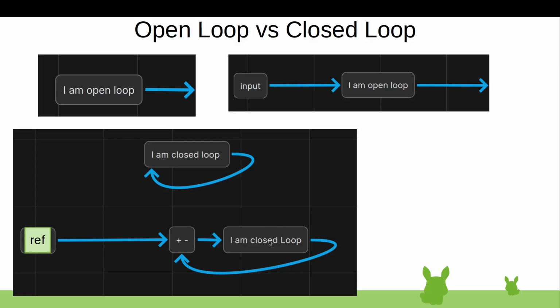They don't directly take the output, but also generate an error signal relative to our reference, our idealized place of where our system would be. So we take the output, compare it to where we want it to be, generate an error signal, and it goes into our system. Usually we would put a controller here, process the error, and then it goes into our system. But it's considered a closed loop system, closed loop control. Of course, there's no controller here, so it's just a closed loop system, like this and like that.